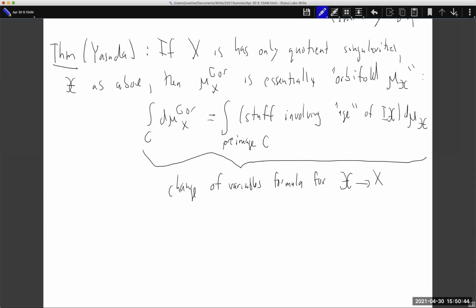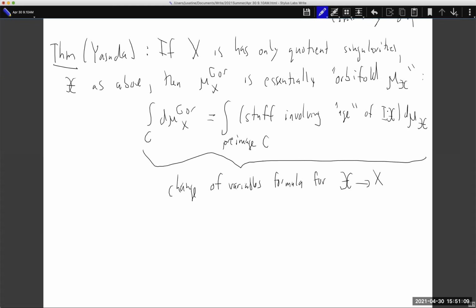But let me just say, maybe a sense of this is that if I have a stack, morally speaking, it's like a variety, but maybe I've put some extra data at some of the points where I say, okay, this point has a group attached to it. Where maybe if this thing was coming as the quotient of some group, the idea is that that group should be the stabilizers of that group action.